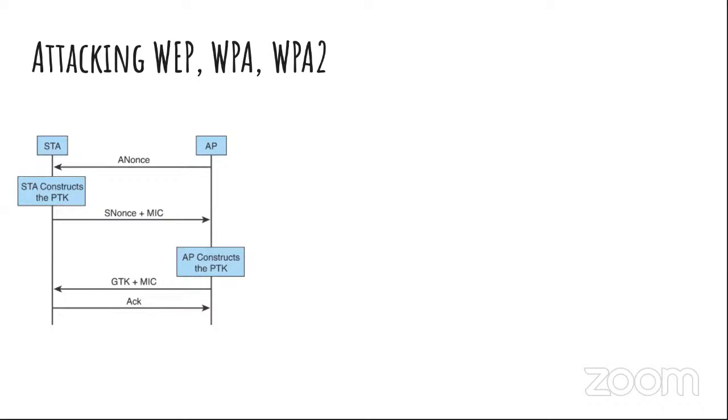Attacking the protocols that we depend on for securing wireless access points is definitely a cat and mouse game. We should not be seeing any wireless network that is using WEP, the old way of authenticating wireless networks.